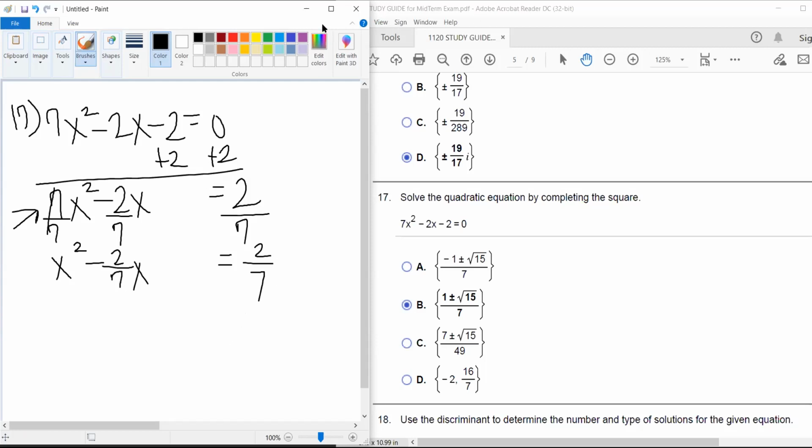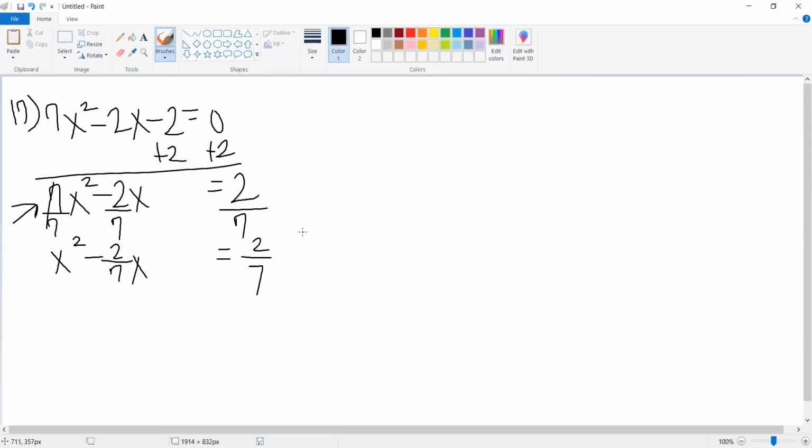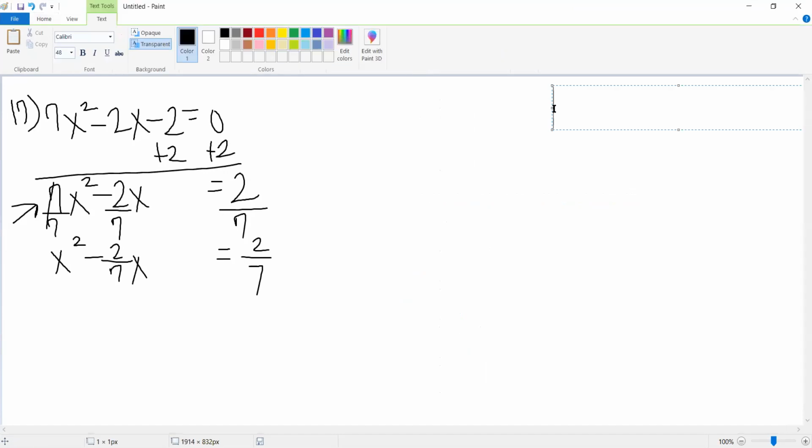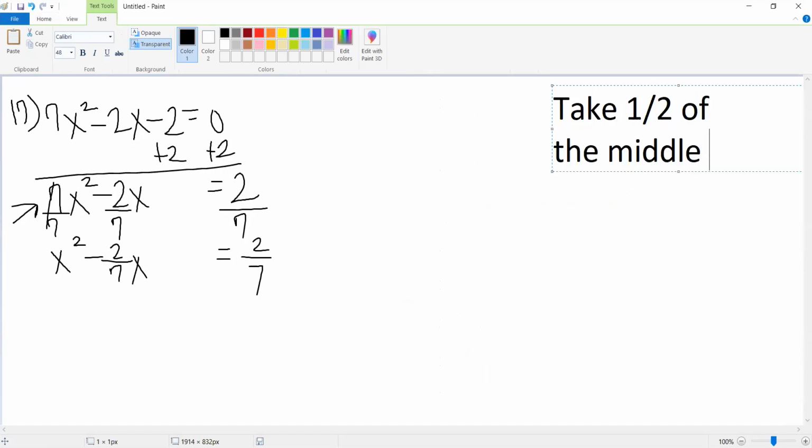I'm going to enlarge our whiteboard so we'll have more room to work. Now, with completing the square, here are the steps. The first step is take half of your middle term.